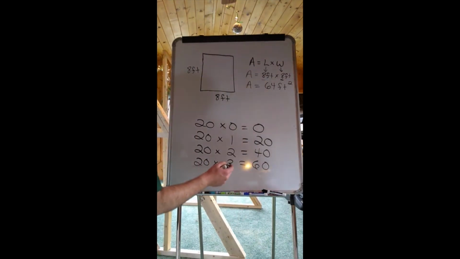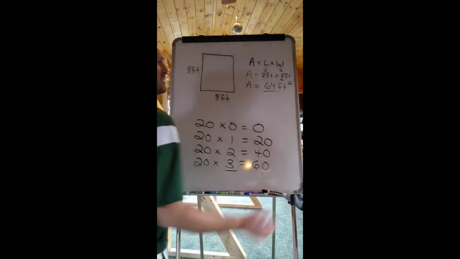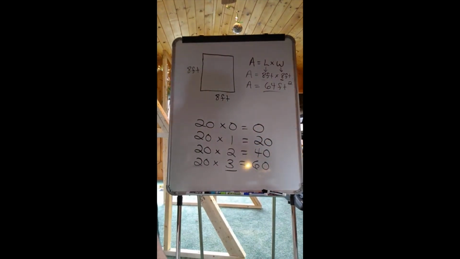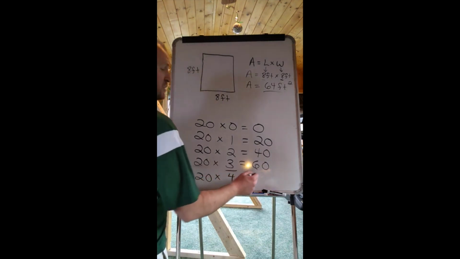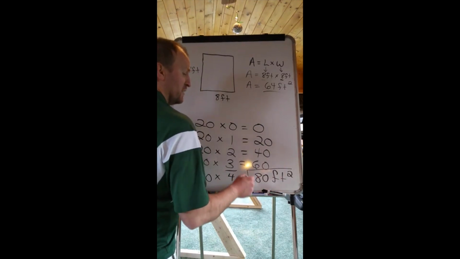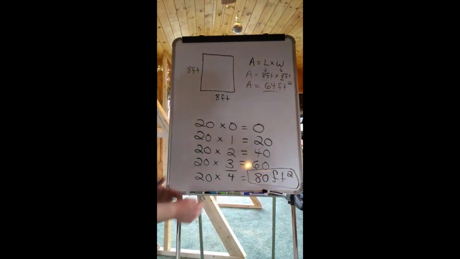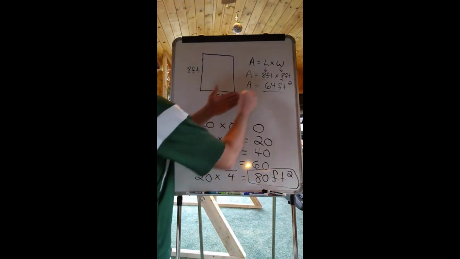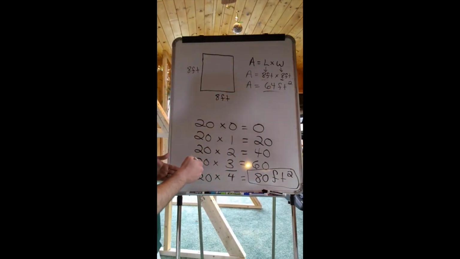But even after putting 3 packages on the counter, I still have not achieved my 64 feet squared. So I have to buy a 4th package, which gives me 80 feet squared of coverage. So not only am I able to cover the 64 feet squared, but I have some left over, right? I'm at 80 feet squared.